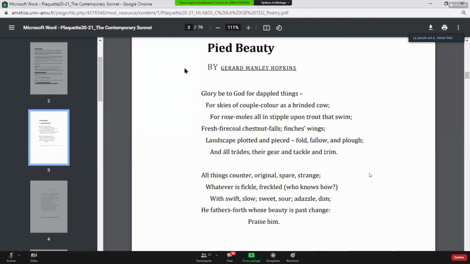And also my first reaction when I read pied, because I didn't know the word, was to think of pied in French, and it made me think of poetry, like a foot. And so it led me to trying to find if we could read that as a celebration of poetry.